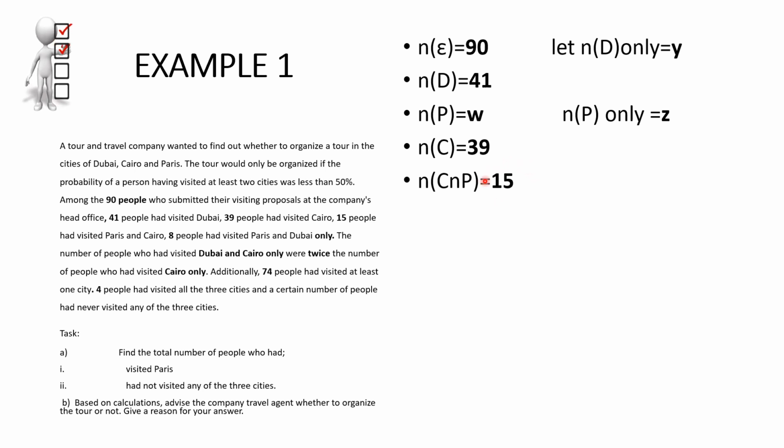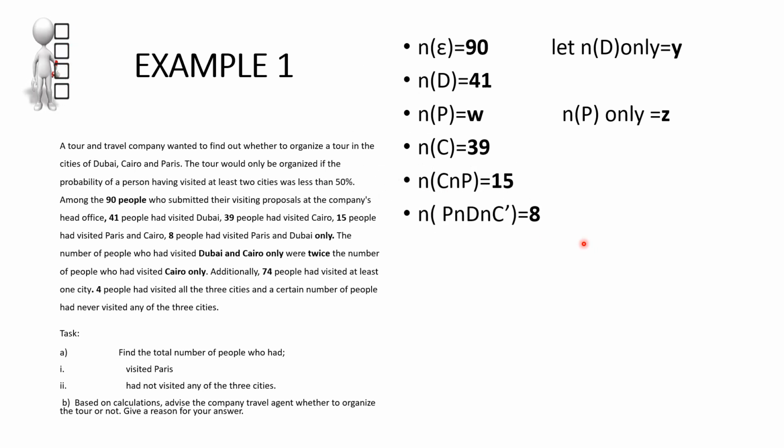If you don't see the word only, you have to get the number of people who had visited all the 3 cities and subtract it from this 15, to get the number of people who had visited Cairo and Paris only.